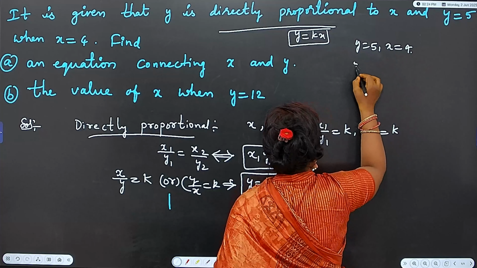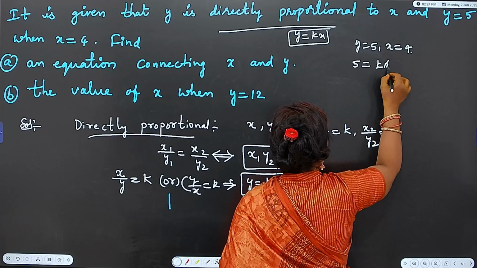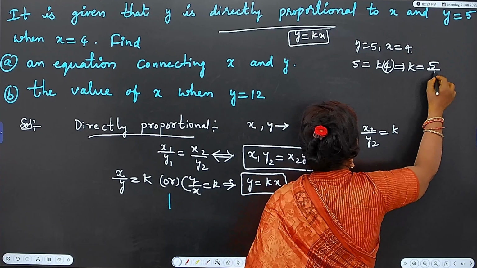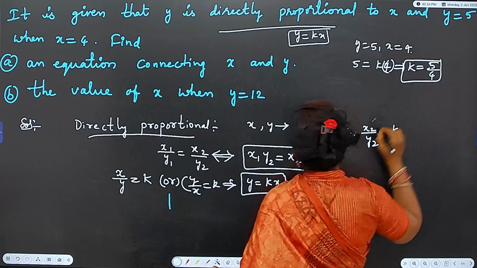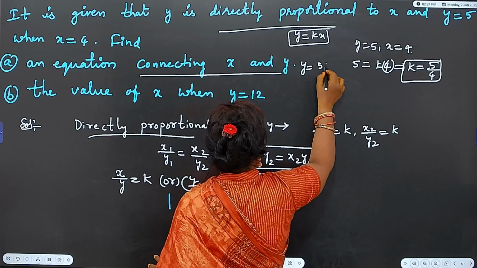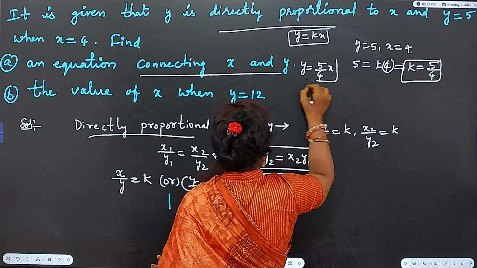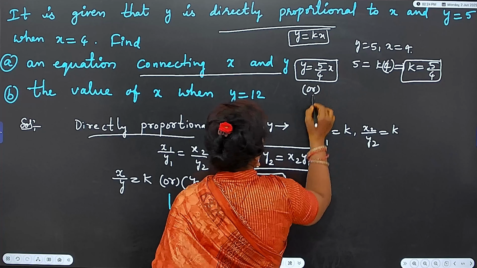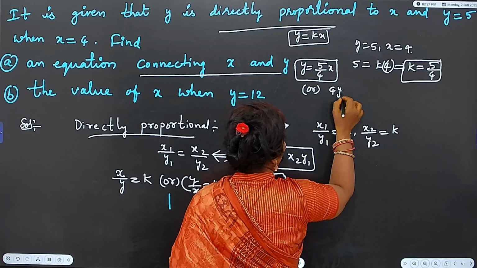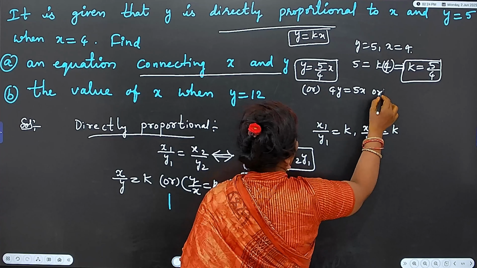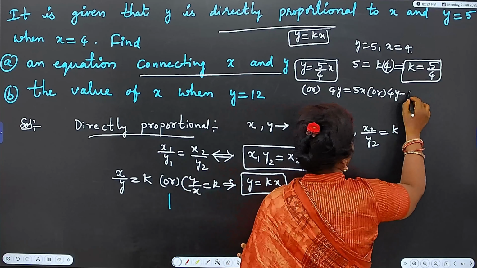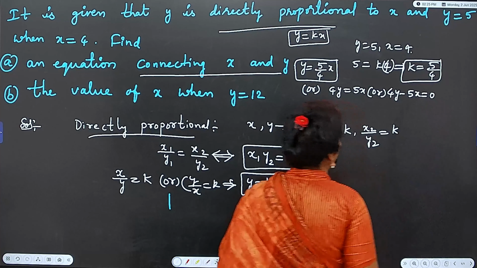Substitute in the general form: 5 equals k multiplied by 4, so k equals 5 by 4. The equation connecting x and y is y equals 5 by 4 into x, that is 4y equals 5x, or taking 5x to the left side, 4y minus 5x equals 0.